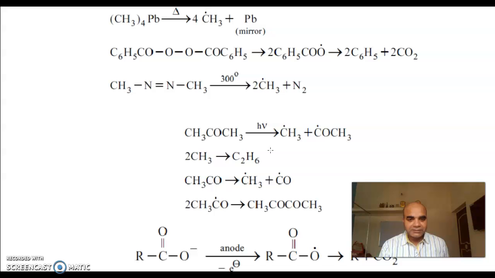Free radicals can also be generated by applying ultraviolet radiation or radiation of higher energy, and these radiations are useful to generate free radicals in compounds having the carbonyl group. So this acetone molecule generates the methyl free radical.